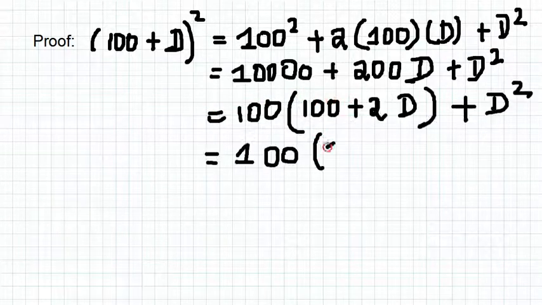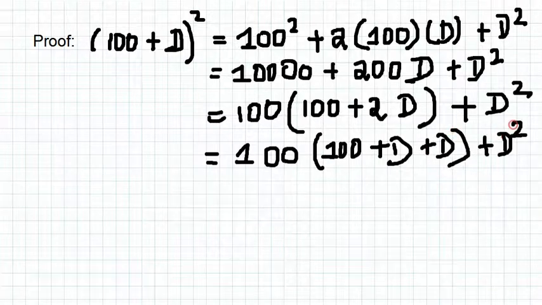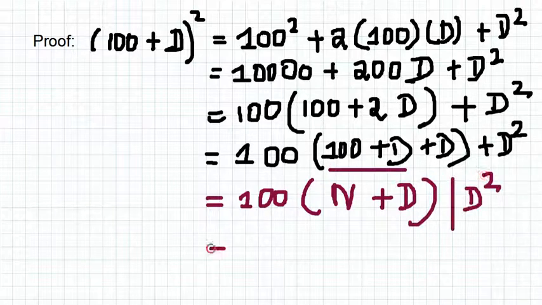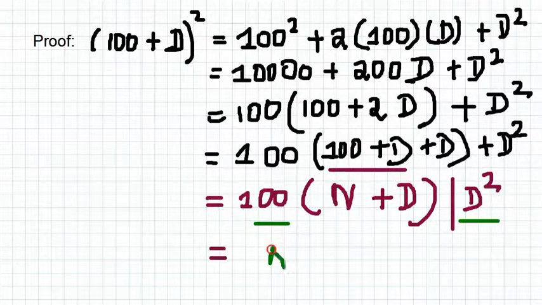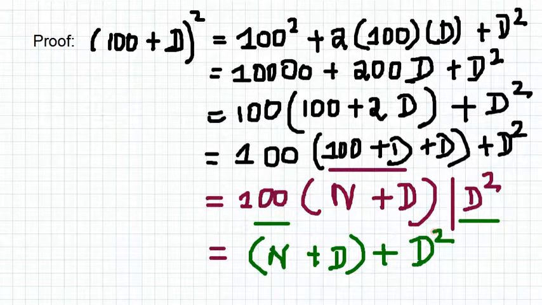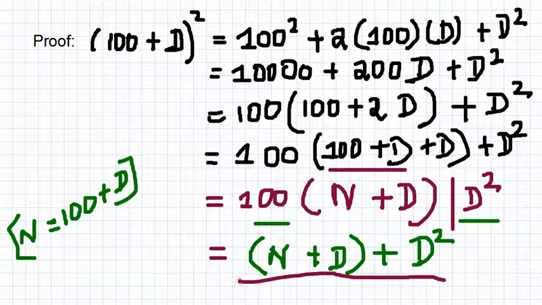We split the d here. 100 into 100 plus d square. 100 plus d indicates n plus d square. The d square is going to be added to the two zeros, so we can ignore that 100. So the final result will be n plus d, take a pause, and d square. N is nothing but 100 plus d.